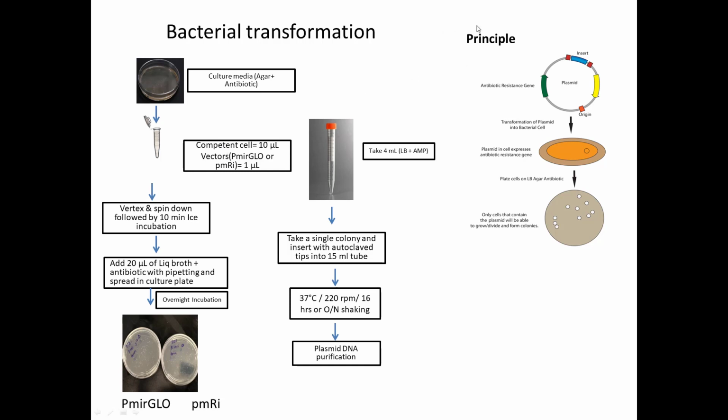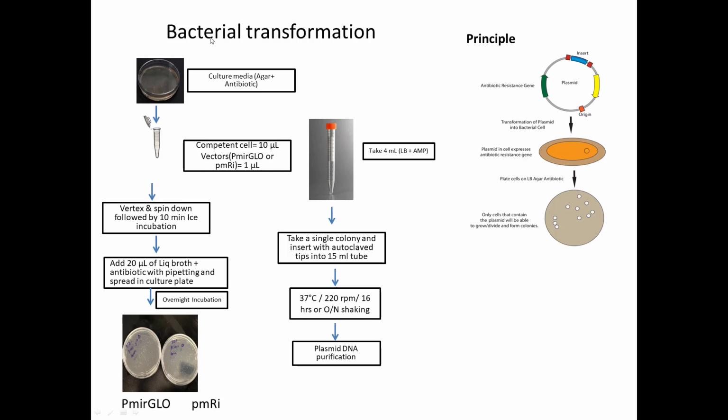The basic principle of bacterial transformation is the plasmid, which contains the antibiotic resistance gene, and we insert that into the competent cell colony. If this colony can grow in the antibiotic medium, it has the plasmid which contains the resistance gene, and we can see different colonies.